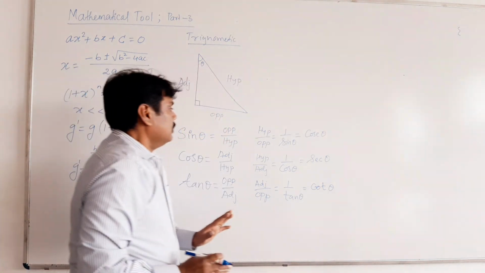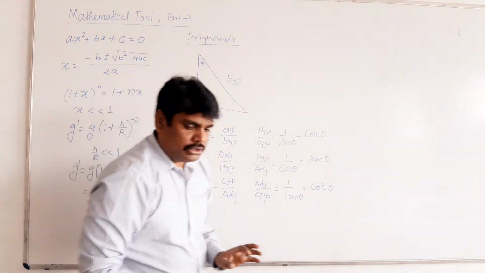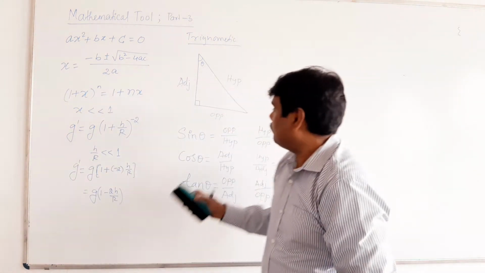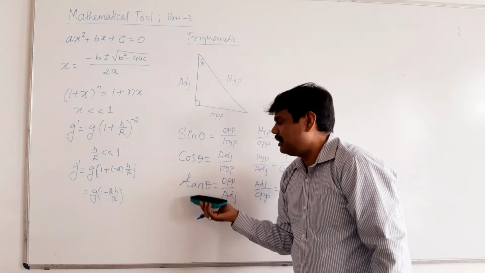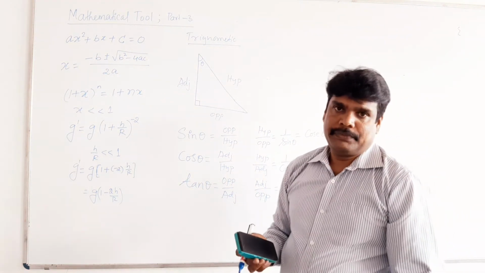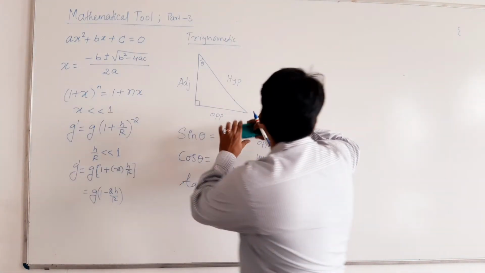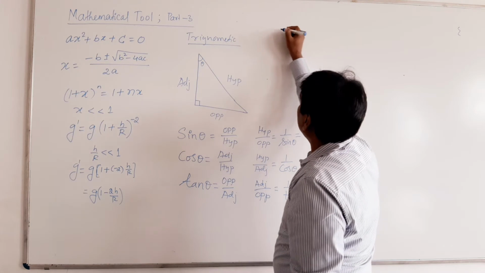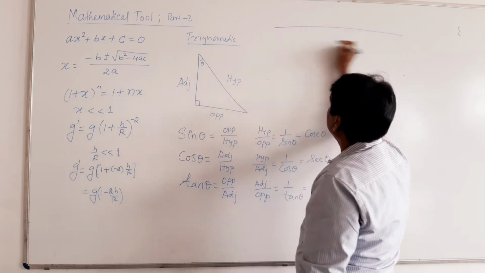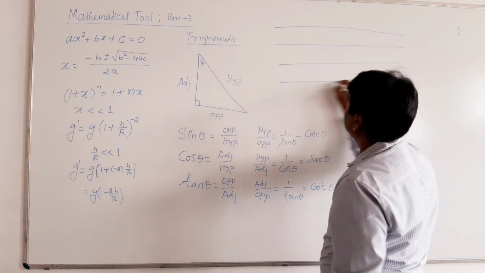In the next part, I am going to write the values of sin theta, cos theta and tan theta for certain standard angles. We consider the values of sin theta and cos theta in this table. You should remember these values.